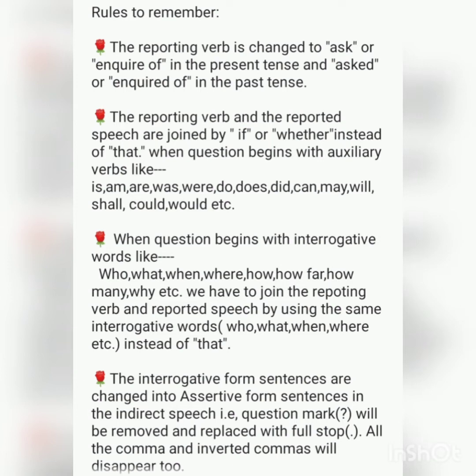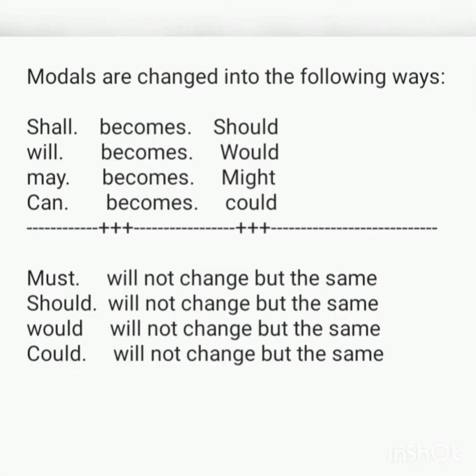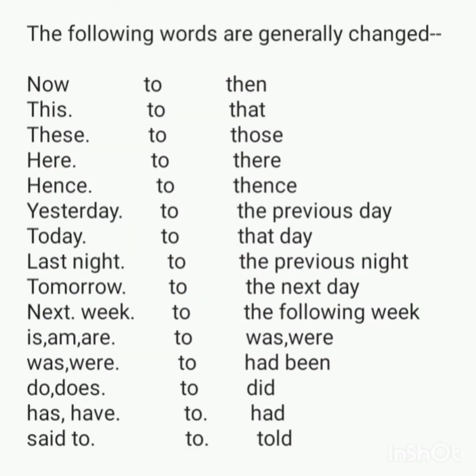The interrogative form sentences are changed into assertive form sentences in the indirect speech. That is, the question mark will be removed and replaced with a full stop, and the comma and inverted commas will disappear too. We are going to apply the following formulas again as we did in part 1, including the following words when we change into indirect speech.